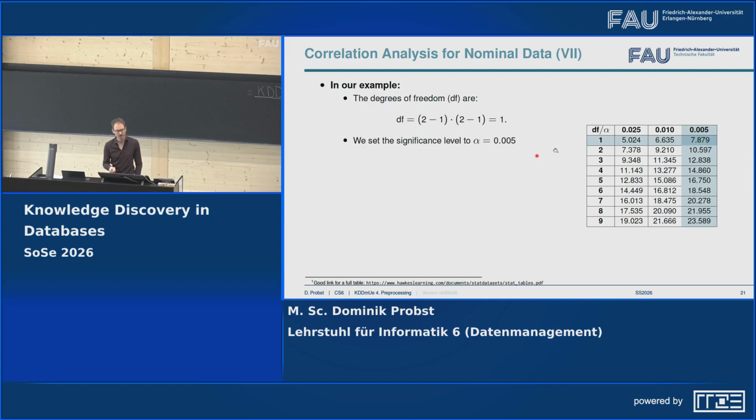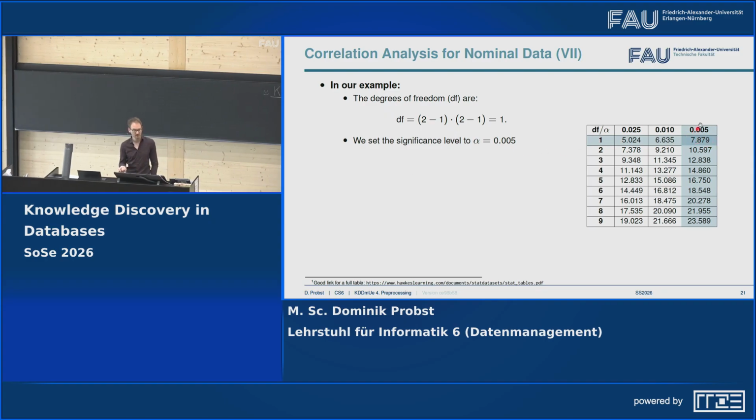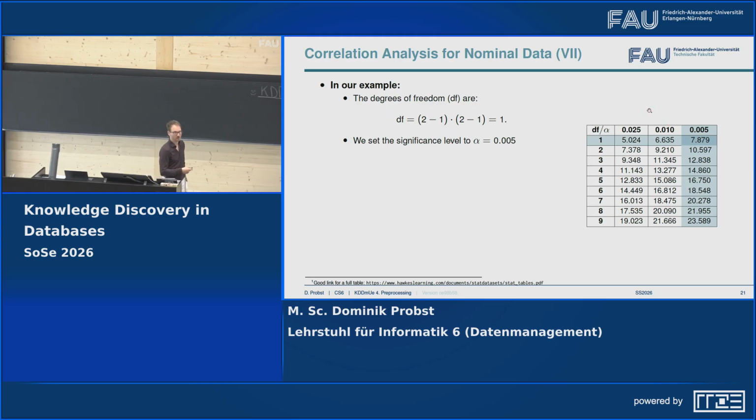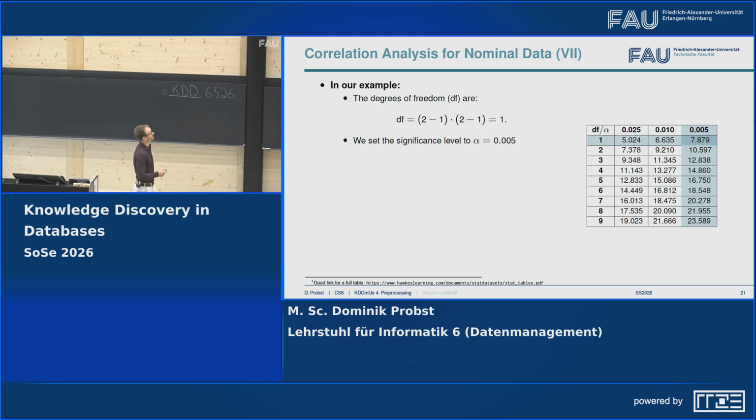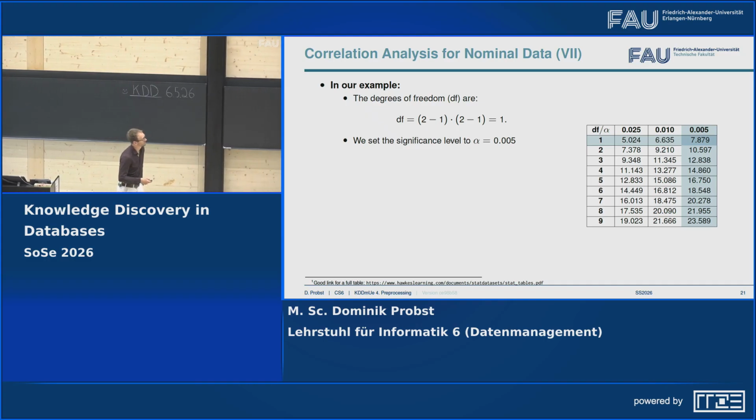So we are taking a look at the degrees of freedom, 1, and we are taking a look at the significance level 0.005. And we can see that in a chi-squared critical distribution table, we end up with a value of 7.879, sorry, not 5.